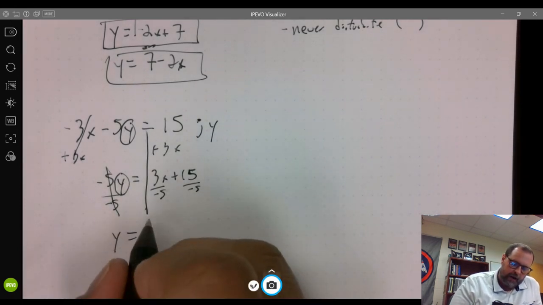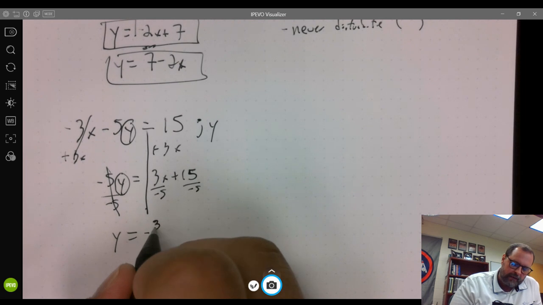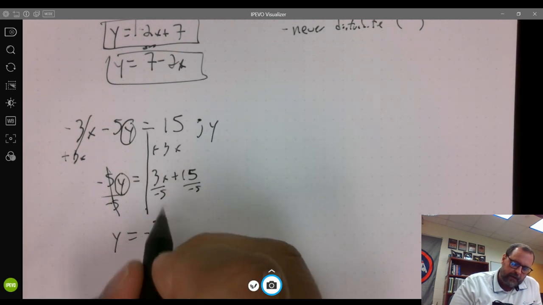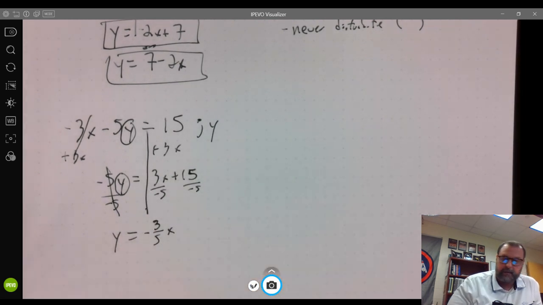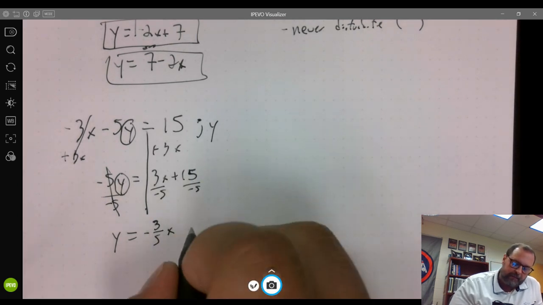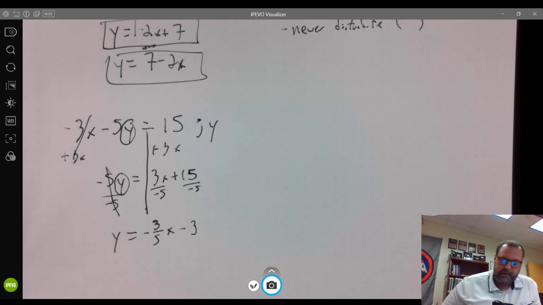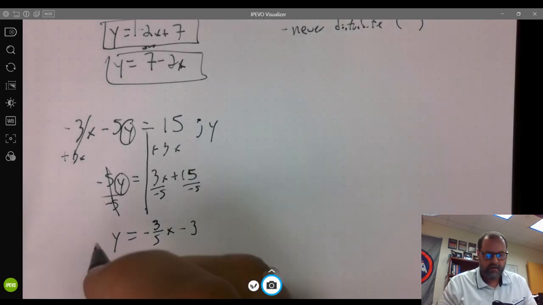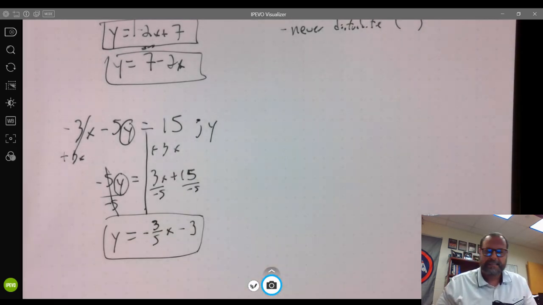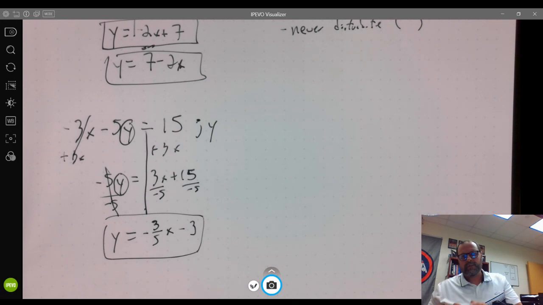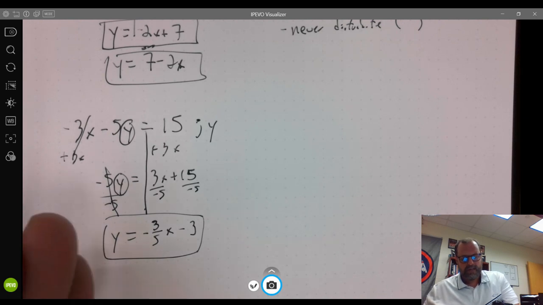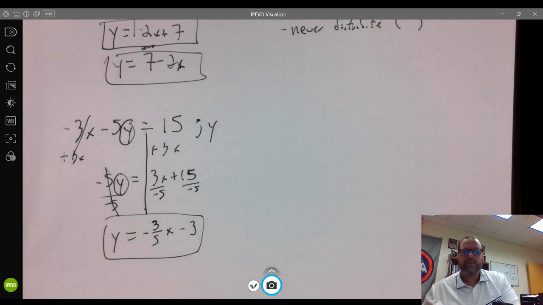So I'm left with y equals, and here you could put the negative in any spot. 3 divided by 5 is just that. It doesn't simplify as a fraction, so it's negative 3/5 x. 15 divided by 5 is negative 3. There's our answer. So the steps are no different than what we've been doing. It's just the fact that we get answers that have variables and really all the other numbers still in there in some form.